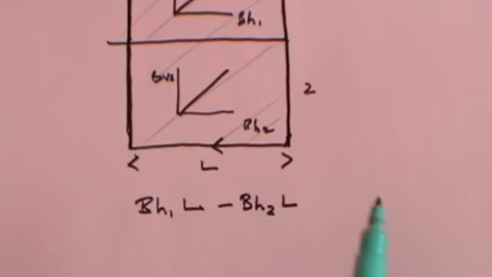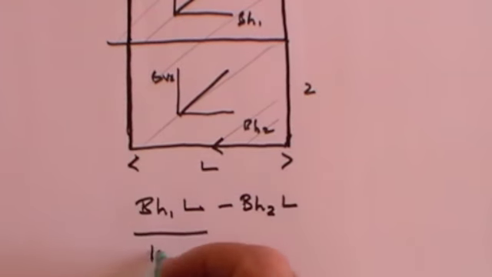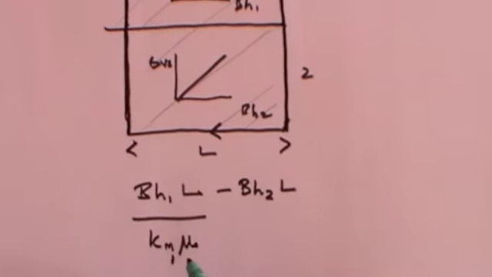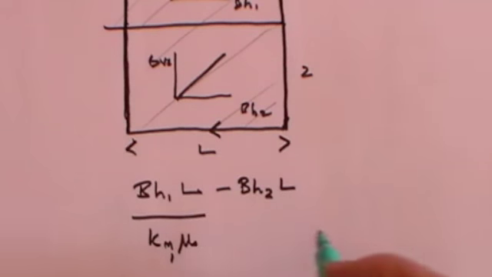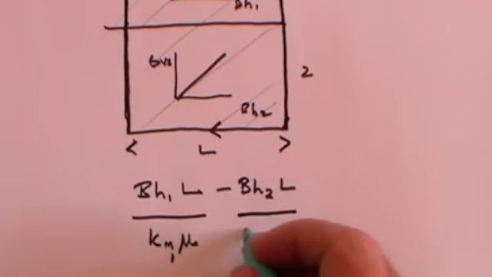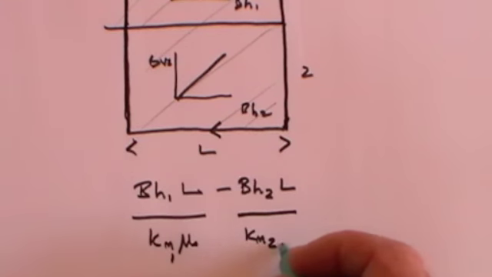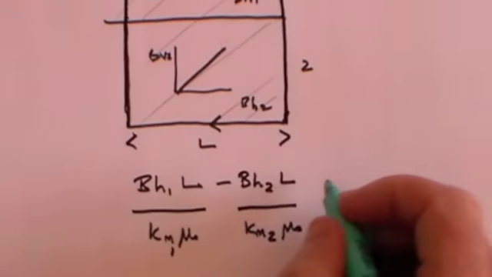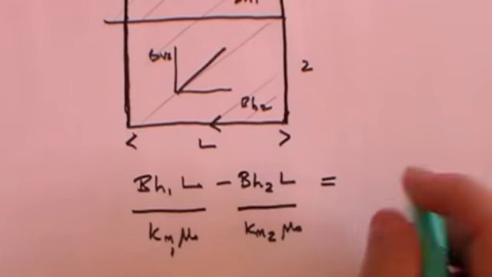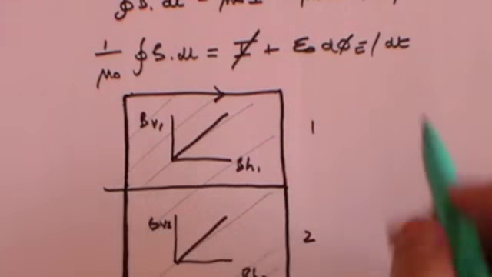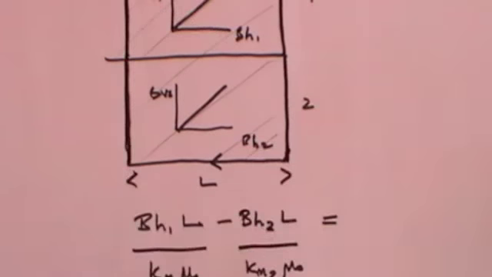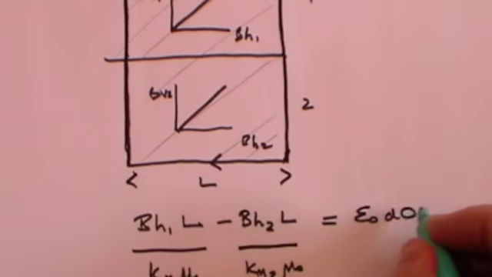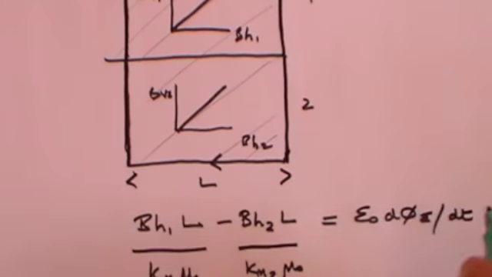So in this case, we have to divide by Km1 mu 0, because it's the permeability in medium 1. Here we have to divide by Km2 mu 0, because it's the permeability in medium 2. And that is going to equal, from up here, epsilon 0 times d phi E by dt.